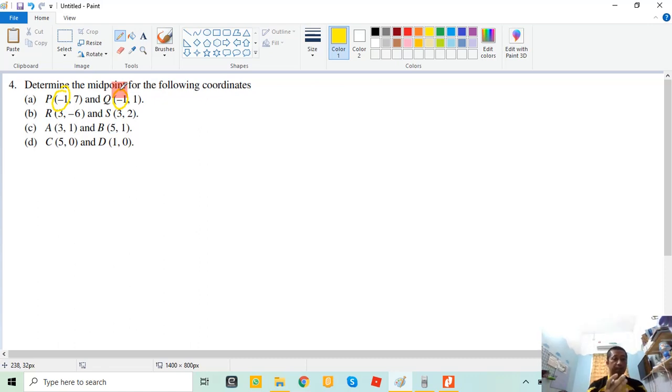So actually, we learned about distance already. If you still remember, the distance equals 7 minus 1 equals 6. So the midpoint is 3 units, 3 units. And then we can get the midpoint.